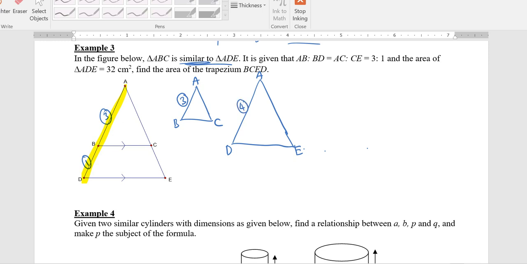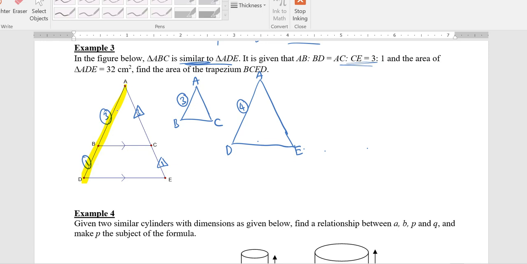They also say that AC is to CE is also 3:1. Now notice that Madam Lee did not use the same symbol. Here I use a circle for the 3 units, and here I use the triangle for the 3 units, because they did not tell me that AB is exactly the same length as AC.